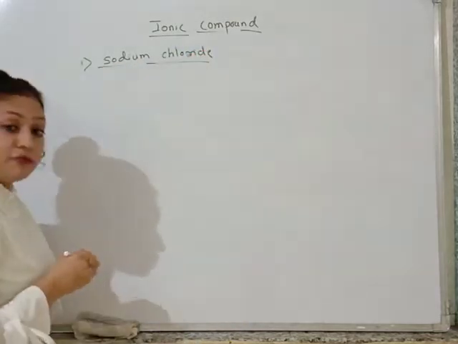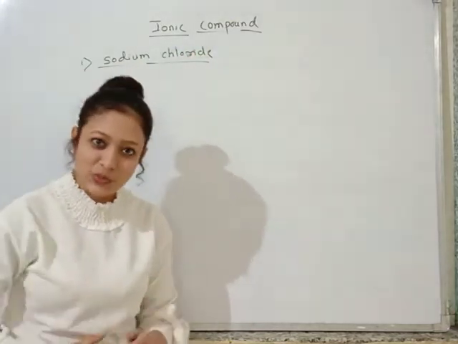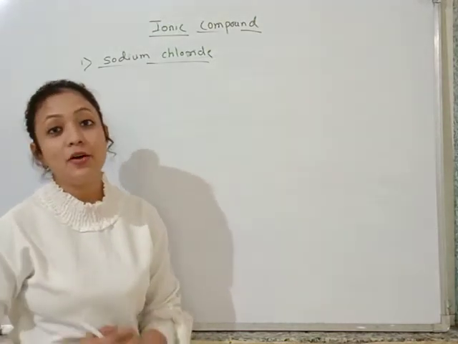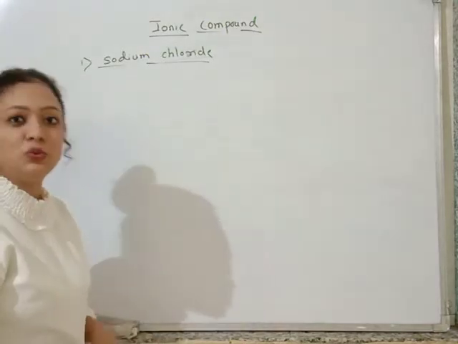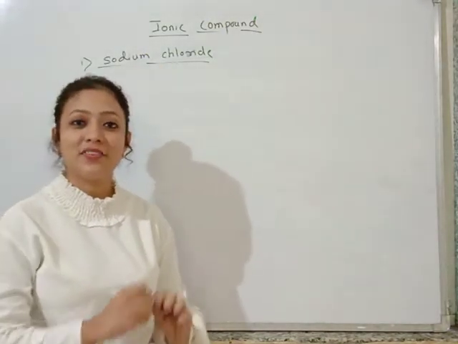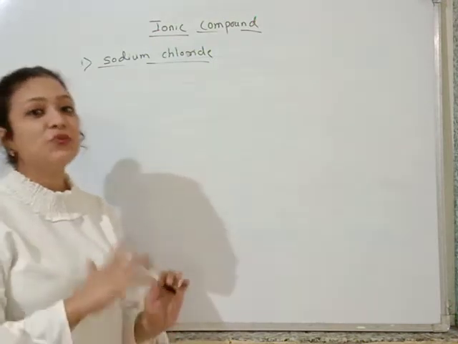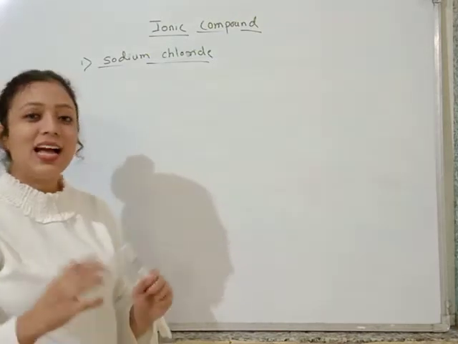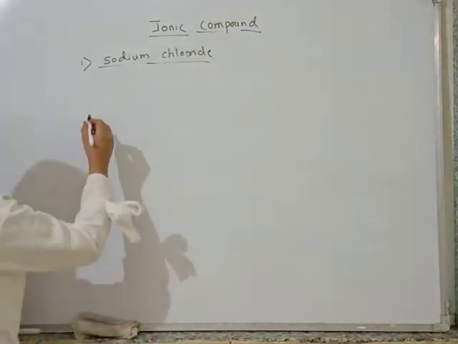Let's discuss the steps involved in the formation of the ionic compound sodium chloride by the electron transfer method. In that we are going to write the formation in 3 steps. Let's discuss what the steps are.